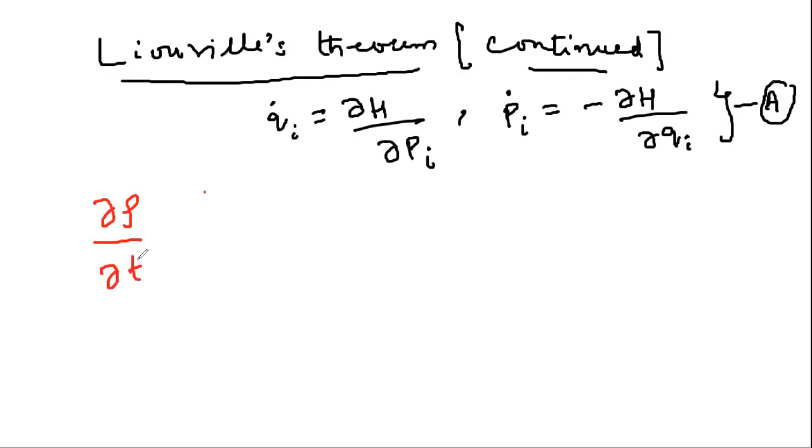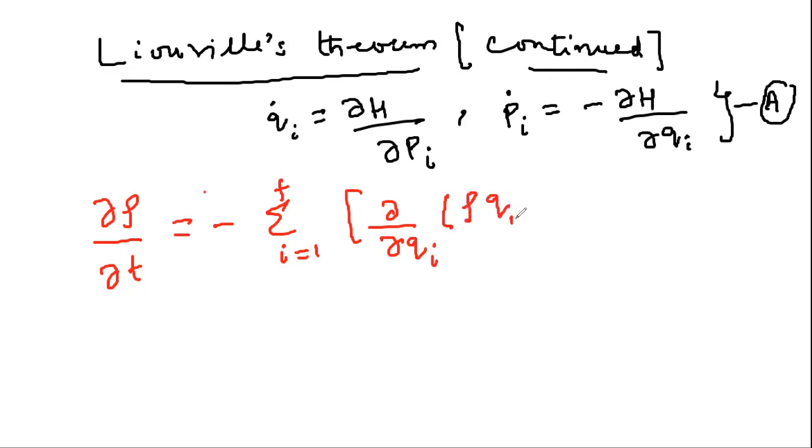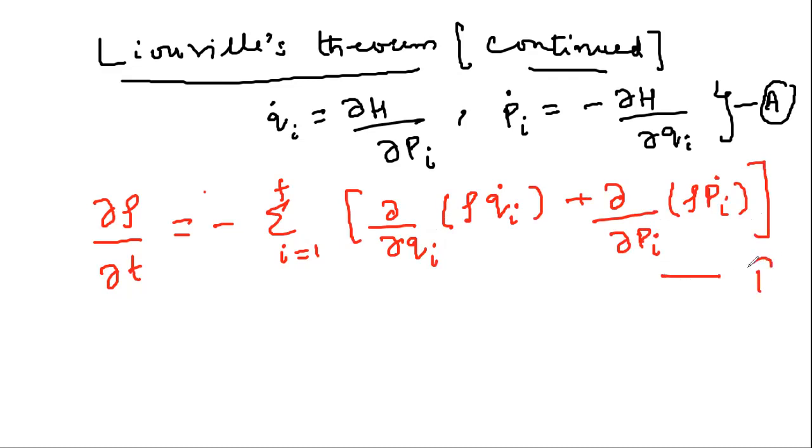Dou rho by dou t is minus summation i equal to 1 to f, where f is the number of degrees of freedom in the system, of dou by dou qi of rho qi dot plus dou by dou pi of rho pi dot. This equation we name as 1.